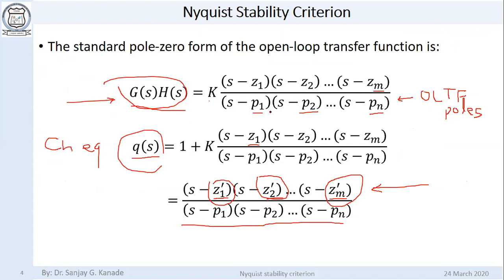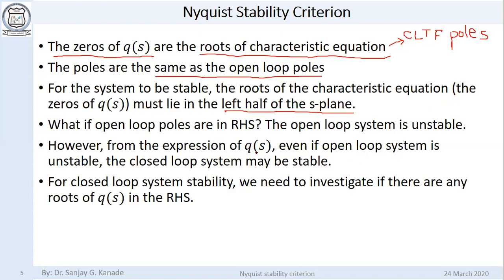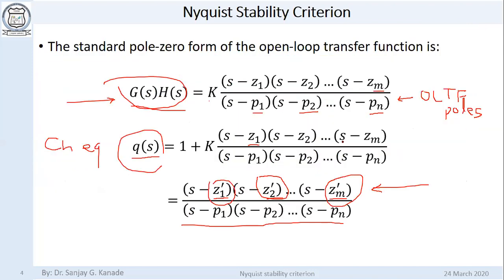If Pn, P2, P1, any one of these are on the right hand side, this G(S)H(S) will be unstable, right? That is clear. If open loop poles are in the right hand side, the open loop system is unstable. Okay, but this is a very big ifs and buts.